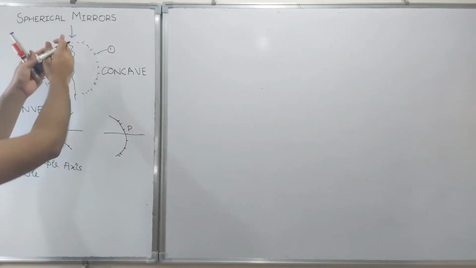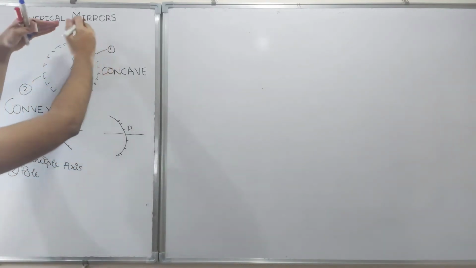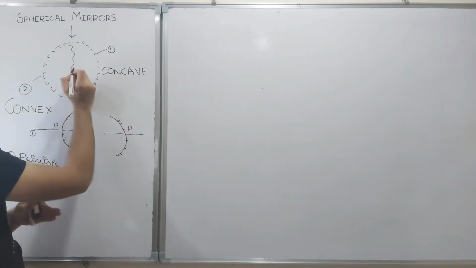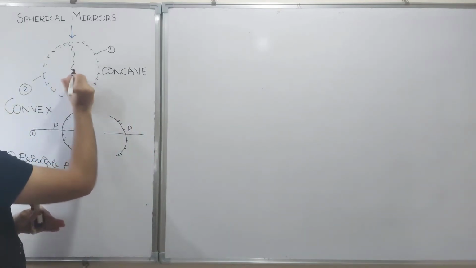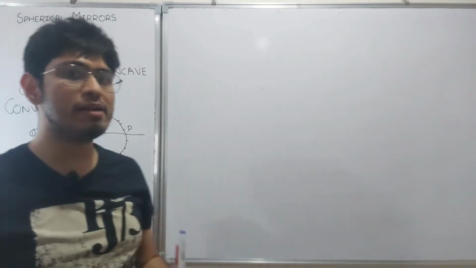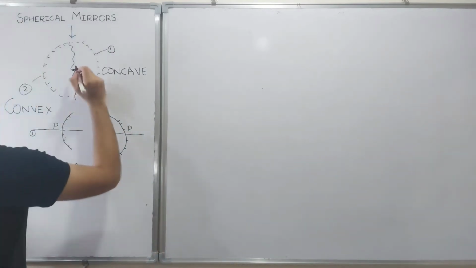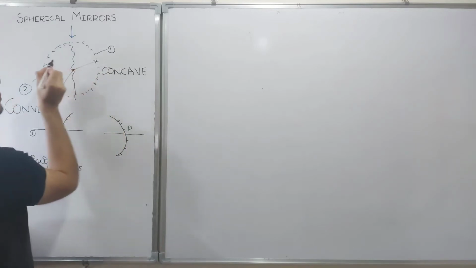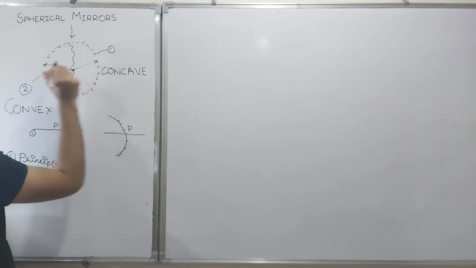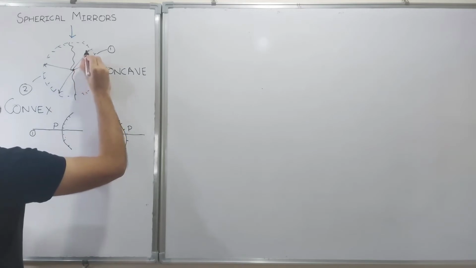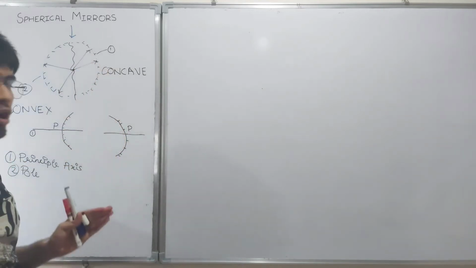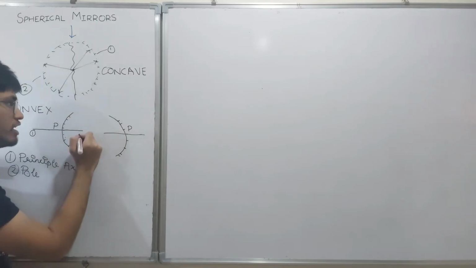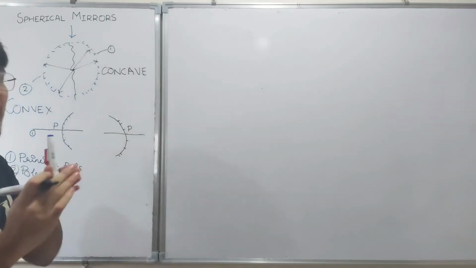Moving ahead, what is another thing? See, this is a complete sphere, so it might have a center point somewhere over here, from which this distance is equal to this distance, equal to this distance. So there might be a center of the mirror from which all the distances are equal.